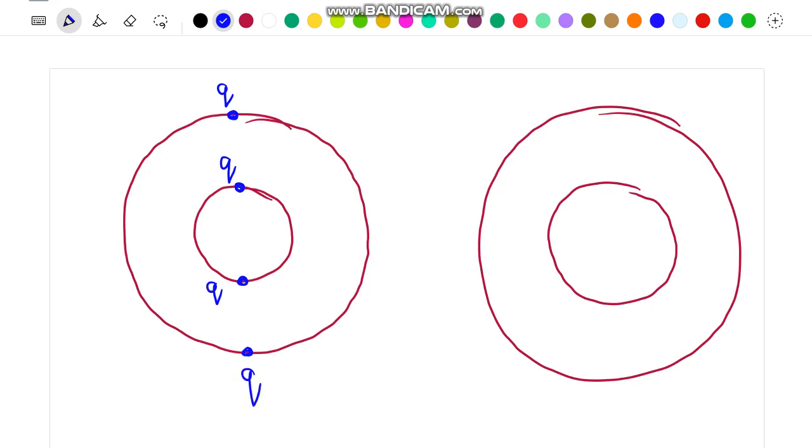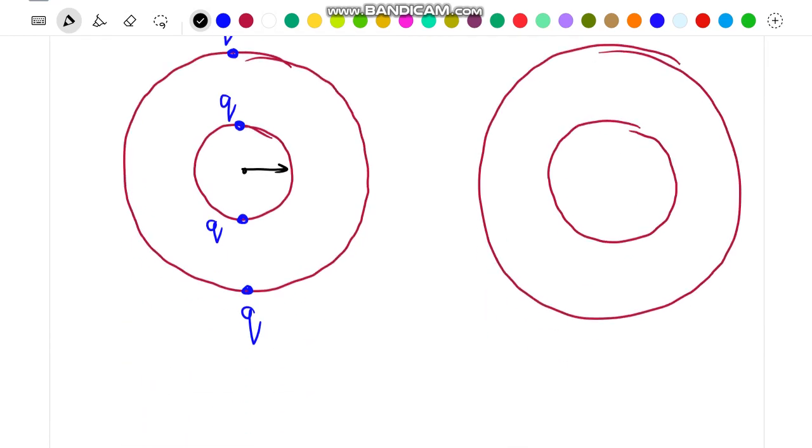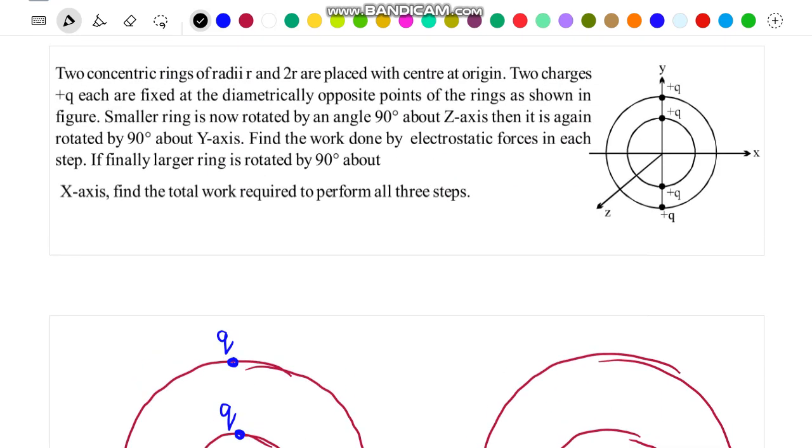And the radius of the two rings were given to us as r and 2r. Now further, it is given that initially the smaller ring is rotated by 90 degree about z axis.